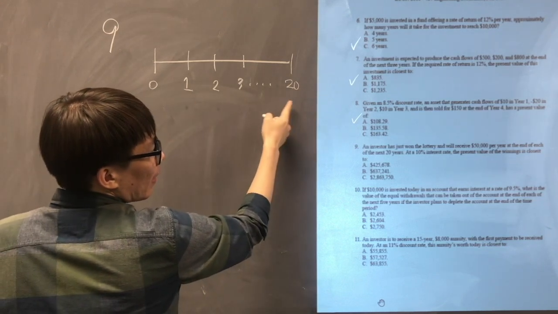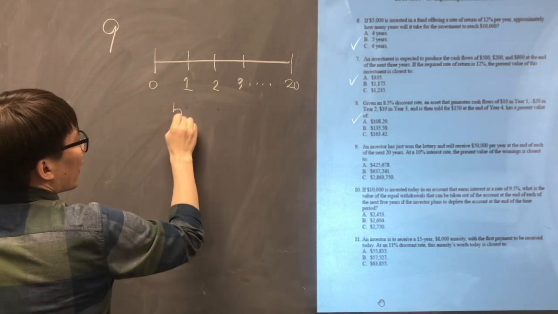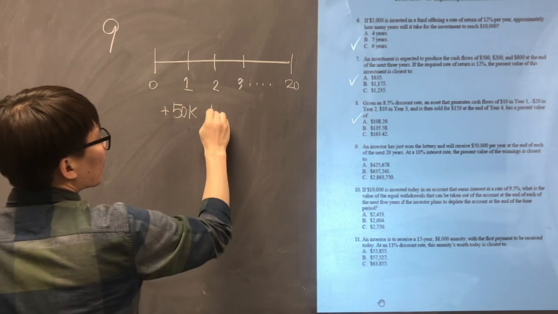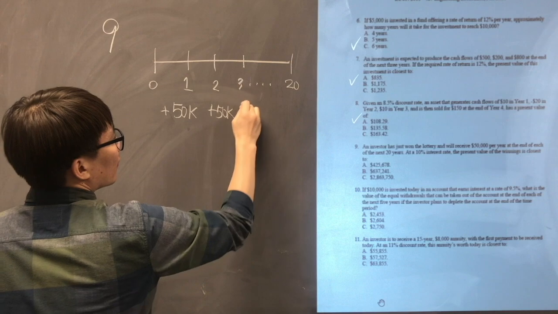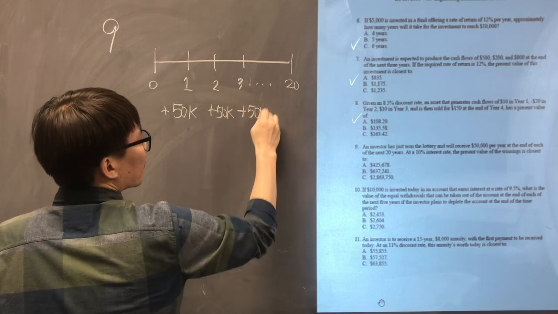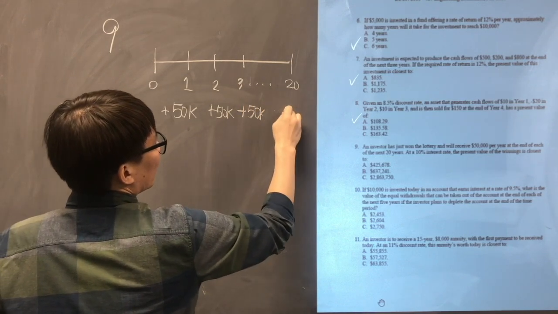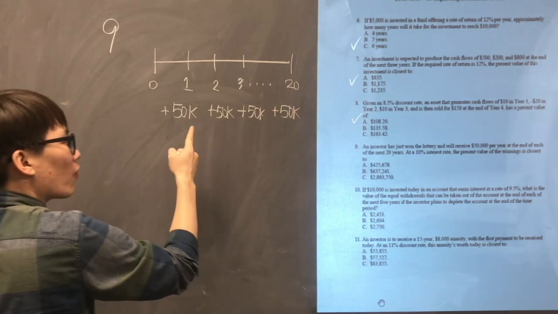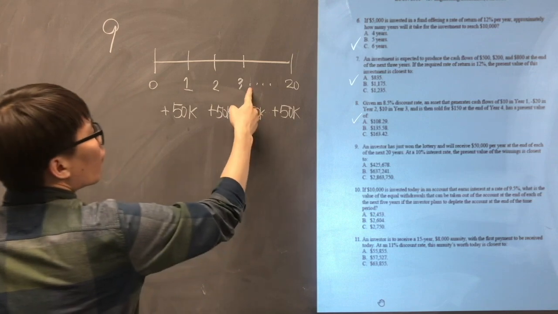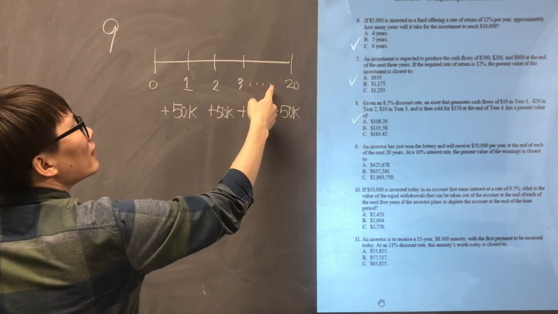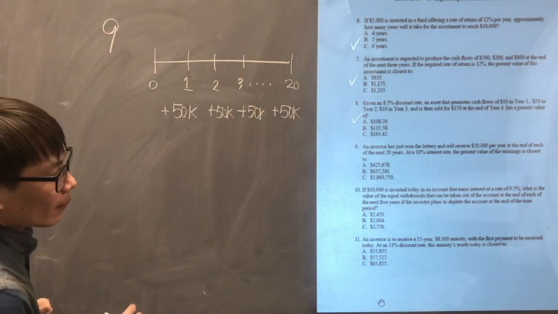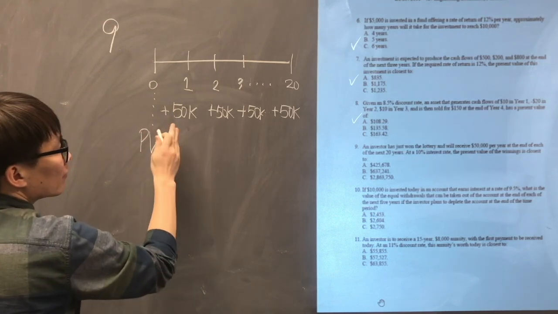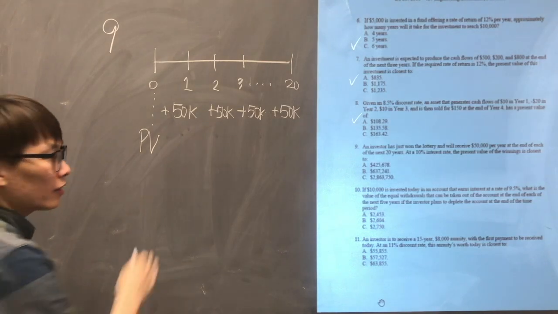Every year, he or she gets 50K, cash inflow, inflow, inflow, inflow. And we just want to know the present value of this annuity, this cash flow.